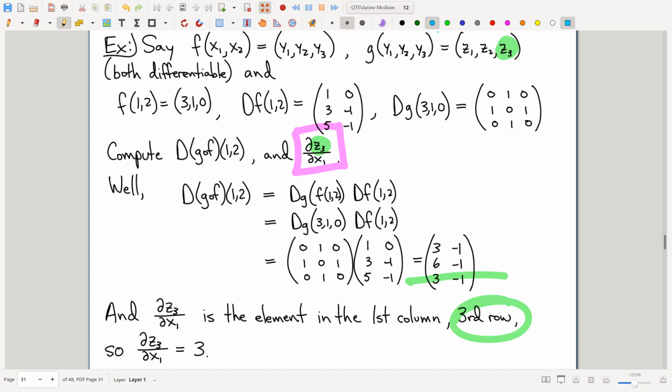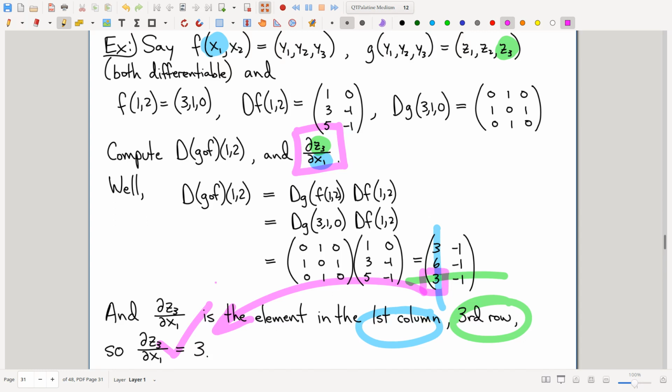Notice also we're taking a partial with respect to x1. x1 is our first input variable. Remember as well, the structure of derivative matrices: input variables correspond to columns. So first input variable means first column. So if I'm interested in that partial, then I need the entry in the first column and third row. That's this number right here, which is 3.